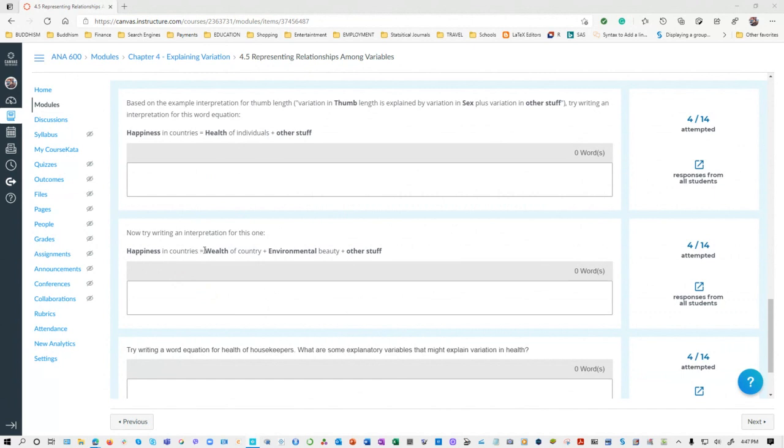If you have two added for the explanatory variable, you still have other stuff, error, unexplained variation. These are explained variation. This is the total variation for this guy. The total variation in the happiness in a country is due to the variation of this one. This is explained, plus some hidden variations.